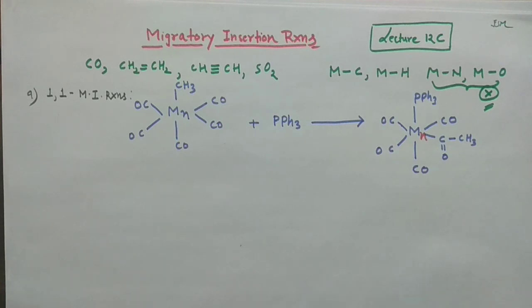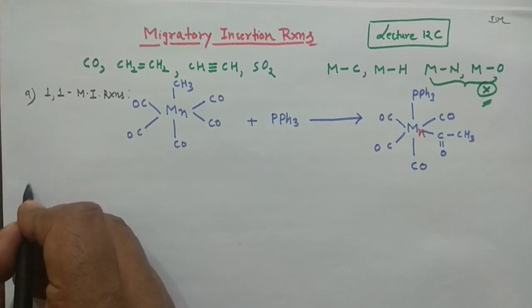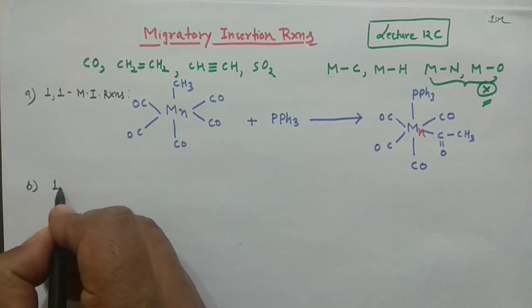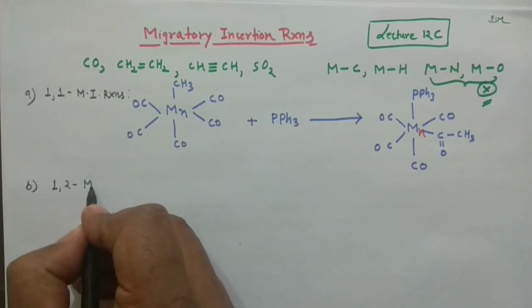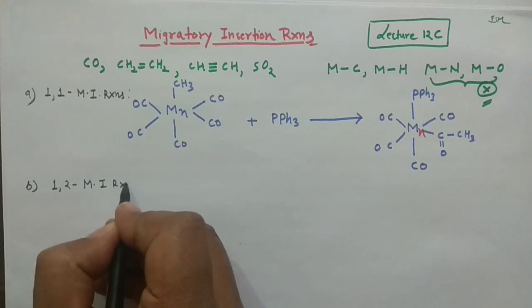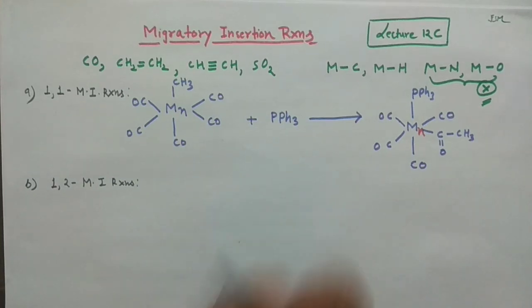Then I am going to discuss a second very important category, 1,2 migratory insertion reactions. Okay, and for this I'll take a very simple example. I'm not going to make a giant structure like this.